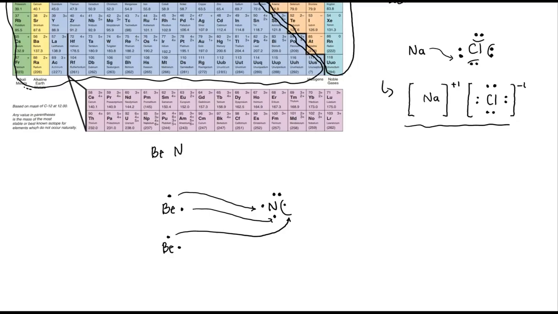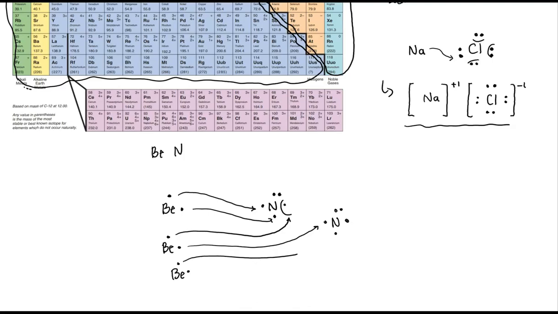So now our nitrogen is happy. It has a full octet, but now we have the opposite problem. We have a lone electron on beryllium that has nowhere to go. So let's add a nitrogen. Okay, its lone electron can go there, and then we still have 2 lone. So let's add 1 more beryllium.